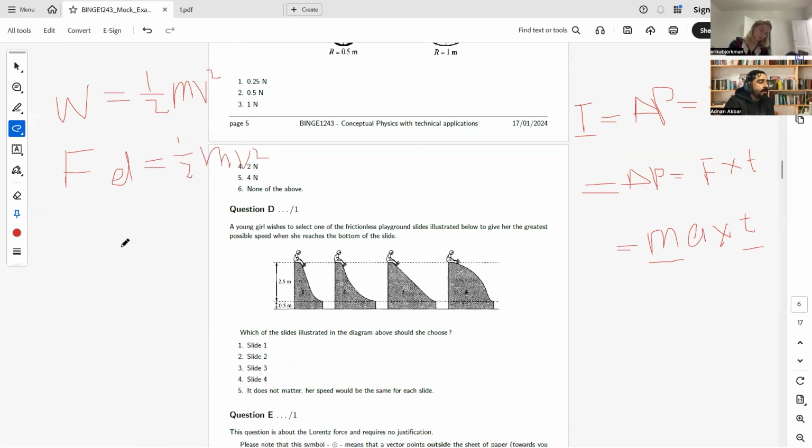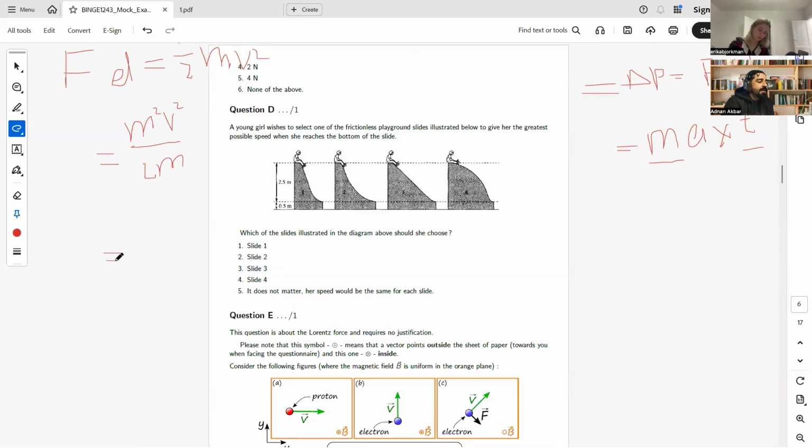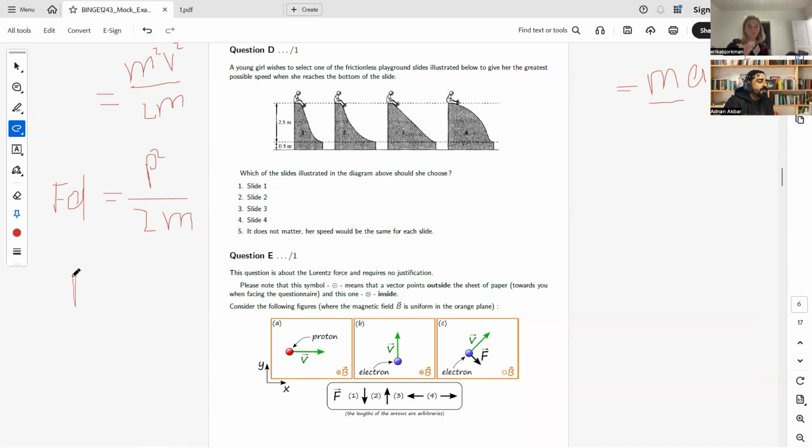I can modify the kinetic energy equation as m square v square by 2m, and as the product of mass and velocity is momentum, the product of square of mass and square of velocity will make square of momentum. So p square over 2m is equal to Fd.